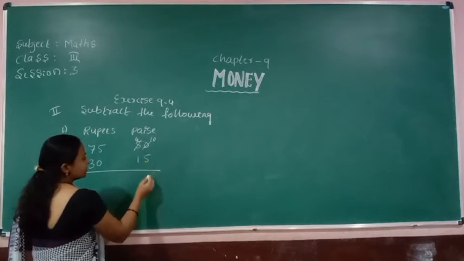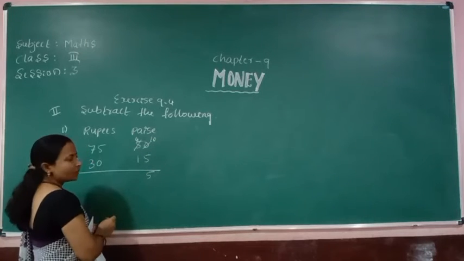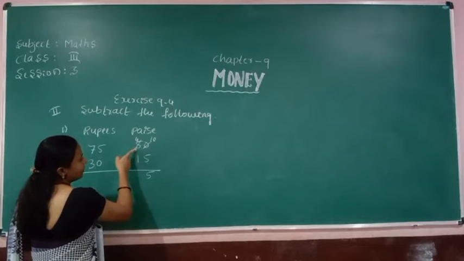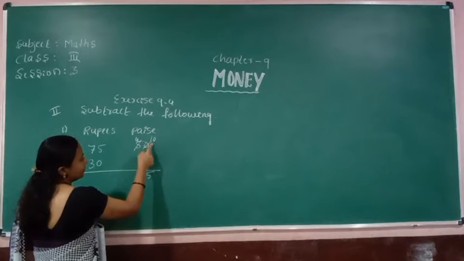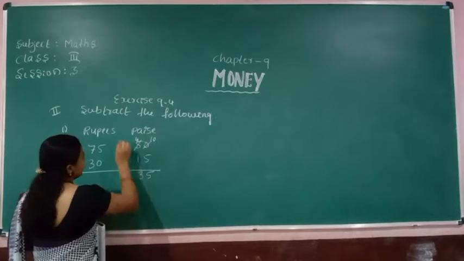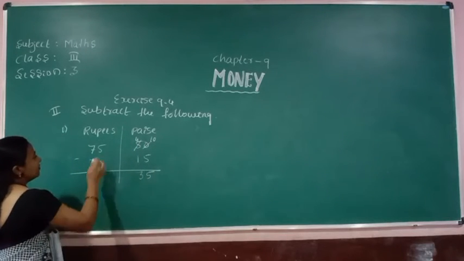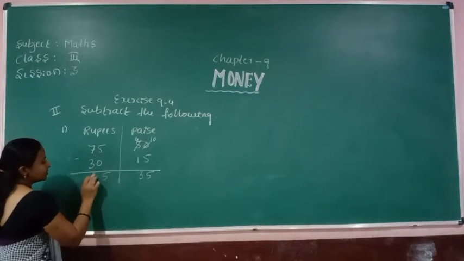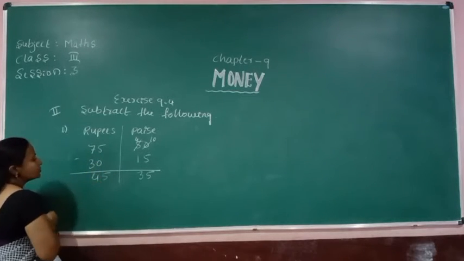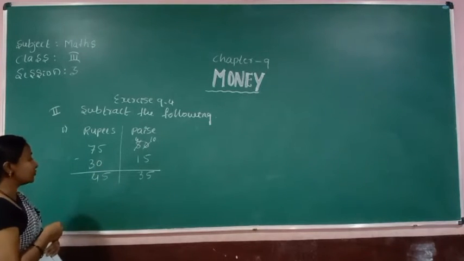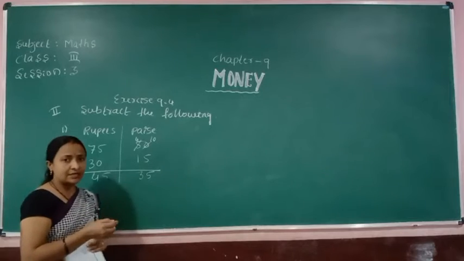So 10 minus 5 is 5. Then 4 minus 1: we subtract from 4 only, not 5, since 1 was already taken, so 4 minus 1 is 3. Next, 5 minus 0 is 5, 7 minus 3 is 4. So the answer, we subtracted the money, is 45 rupees 35 paise.